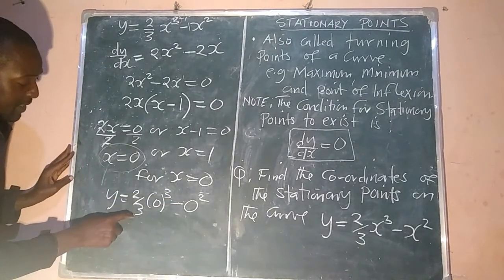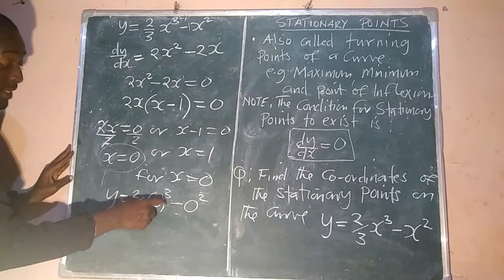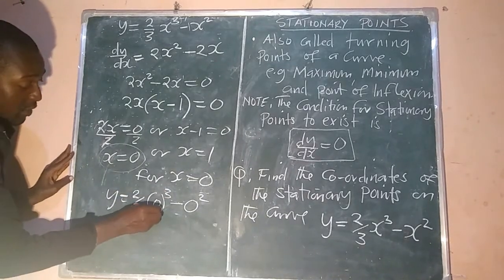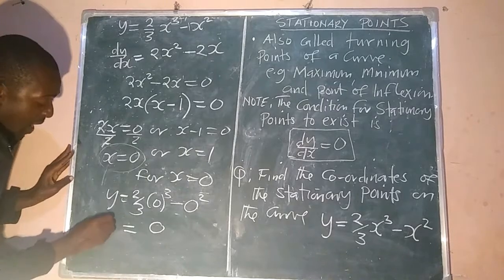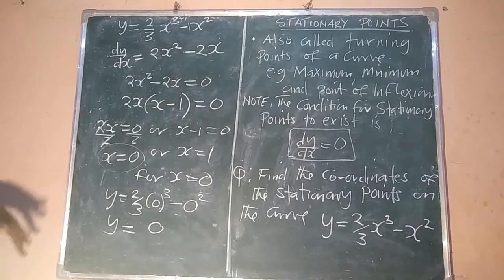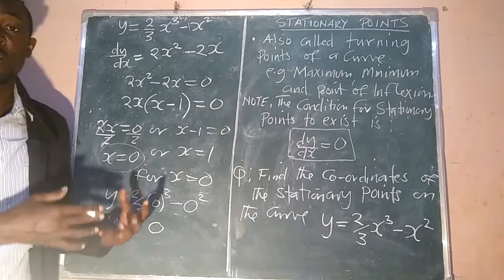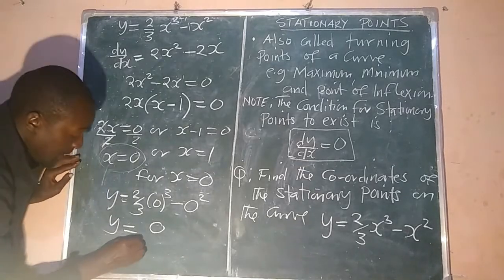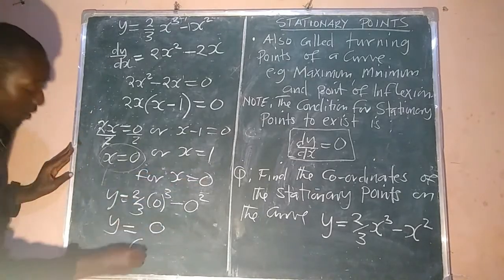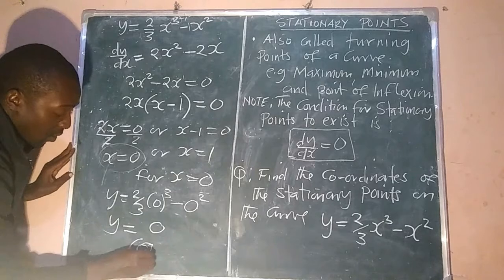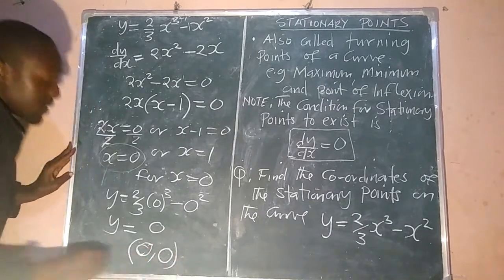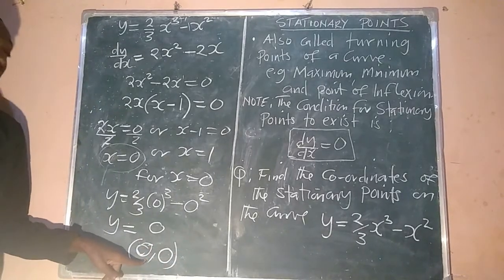So 2/3 times 0, because 0 to the power 3 is 0. So we are going to have 0 minus 0. So y is equal to 0. The first stationary point has been found here. The first stationary point is actually x = 0, y = 0. So this is the first stationary point.